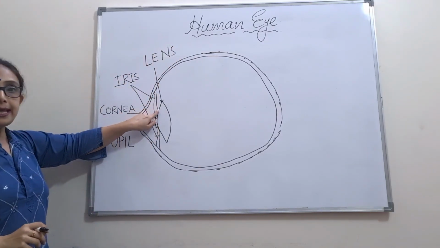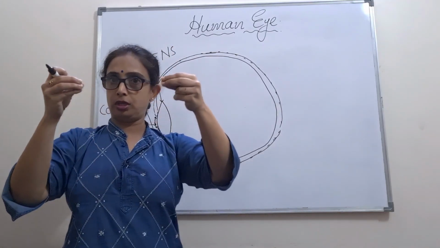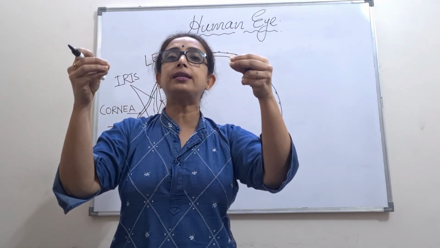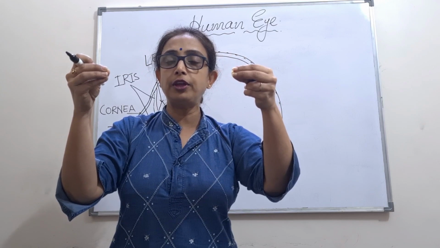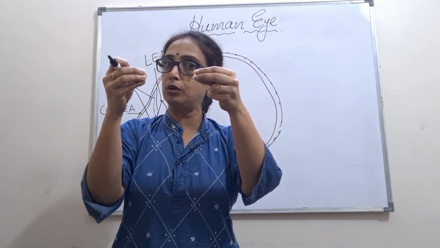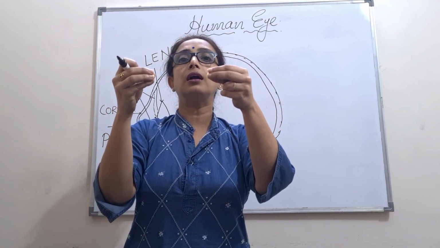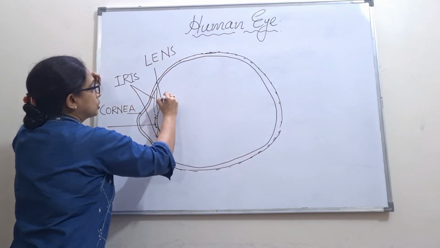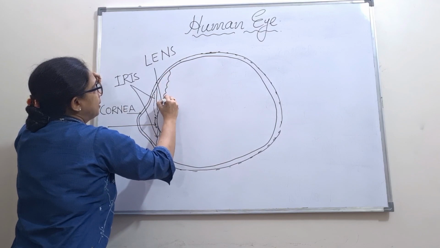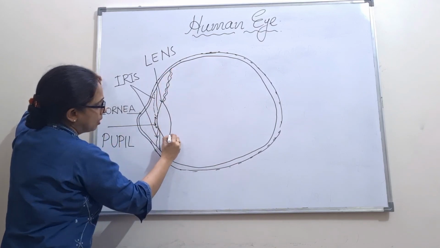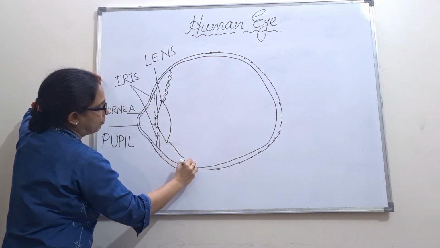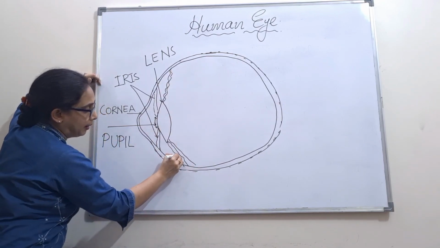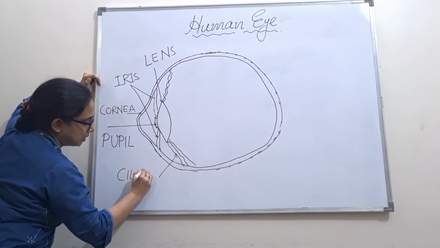This lens can be stretched, and when we are stretching the lens, we say it is getting expanded. When we are leaving the lens loose, we say it is contracted. This expansion and contraction of the lens is done by some muscles which I am drawing with the help of a wavy line. These are termed as ciliary muscles.